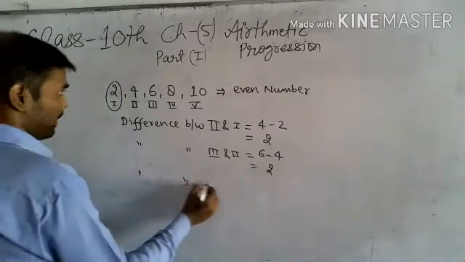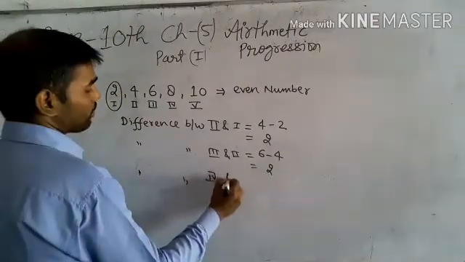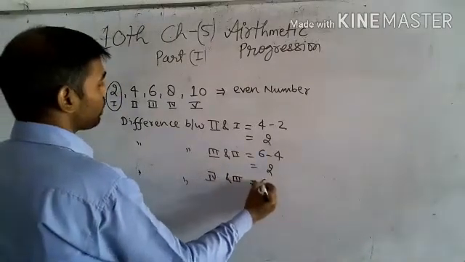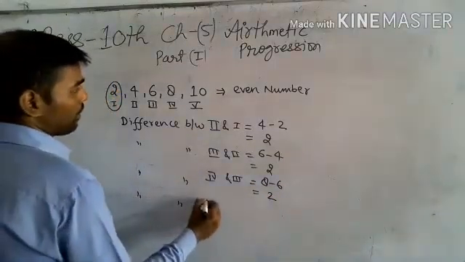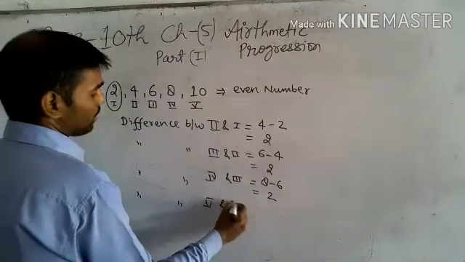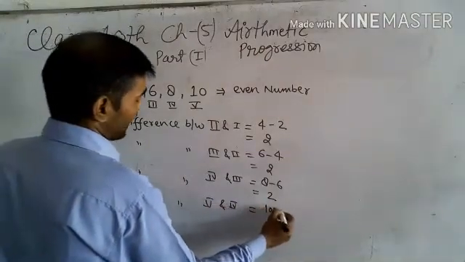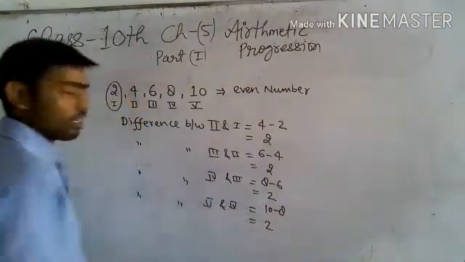Similarly, the difference between the 4th and 3rd terms is 8 minus 6, which is 2, and the difference between the 5th and 4th term is also 10 minus 8, which is equal to 2.